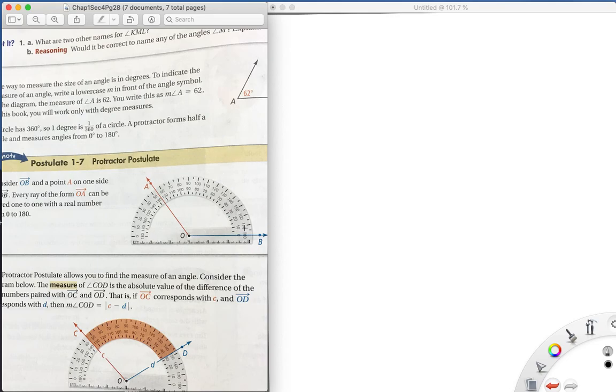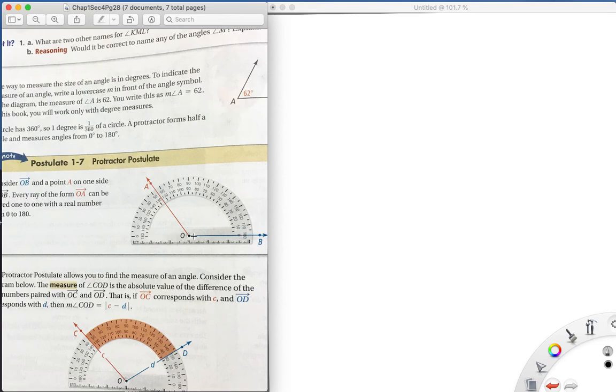A protractor goes from 0 to 180, a straight line. If we have ray OA, which is in red, paired off with ray OB, which is in blue in this picture, this is just saying that the red ray is going to hit a number between 0 and 180 on the protractor.